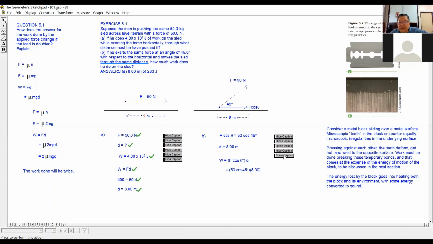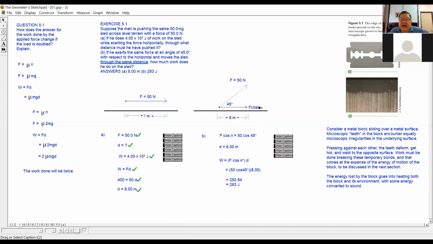Okay. So the answer is 283. 280. Yeah, correct. So the only thing they change is the angle, whether it is horizontal or at an angle. Horizontal, you use the full force; at an angle, you use the force cos theta, right?